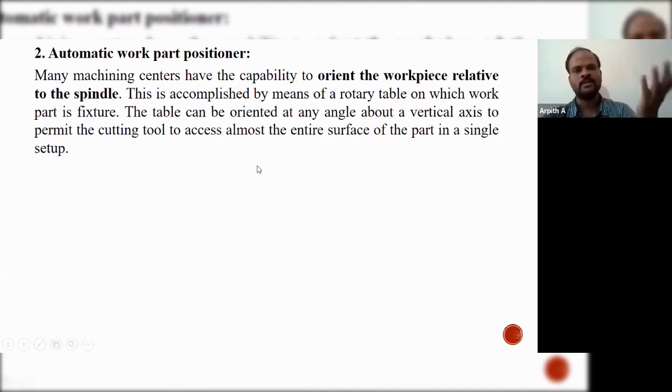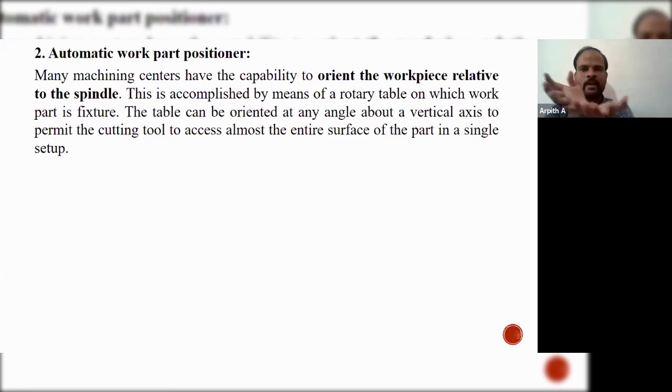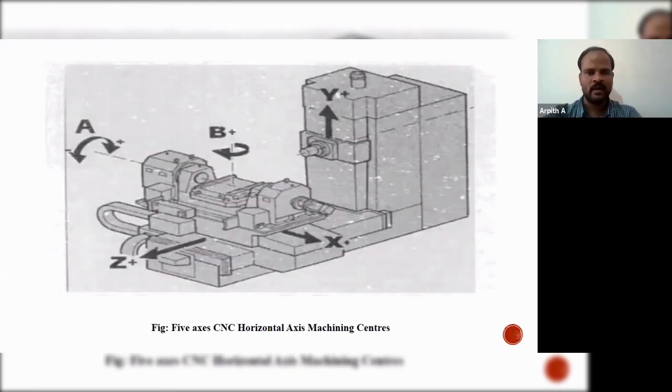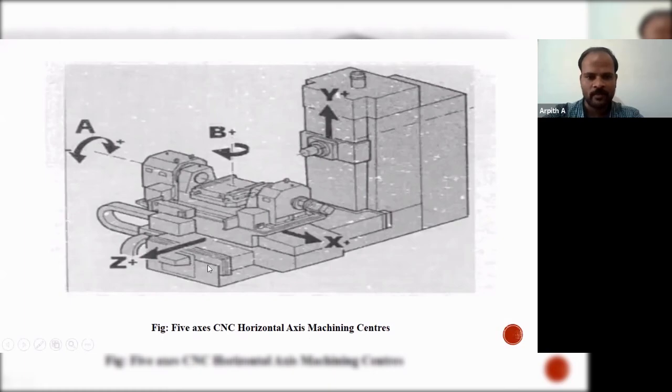This is how you can achieve very complex shapes: by changing the tools as well as moving the work table. Both can be moved continuously, right? I want to show this video of a 5-axis CNC machine tool. The 5-axis machine tool, it's just a schematic diagram. It is a horizontal milling machine.